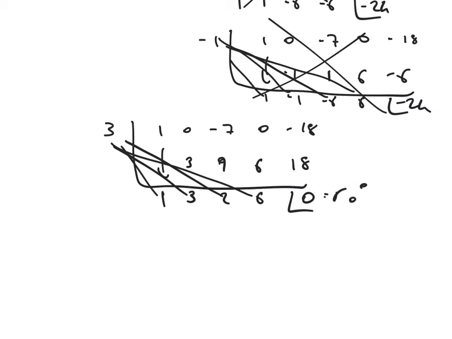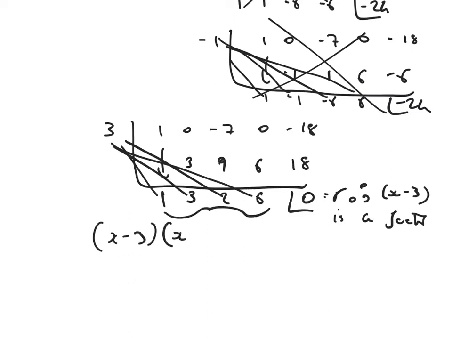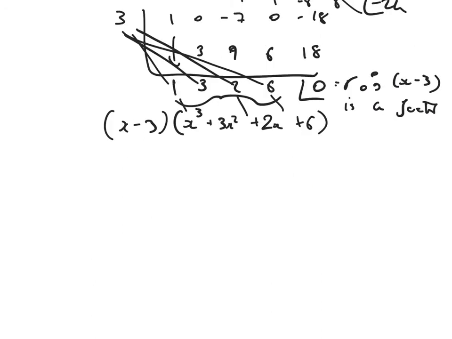R equals 0. Therefore, the solution of 3 coming from the bracket of x minus 3 is a factor. Okay, so let's list that there. And we've now got x cubed plus 3x squared plus 2x plus 6.